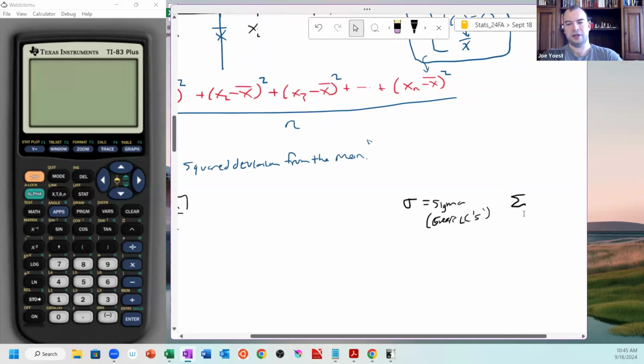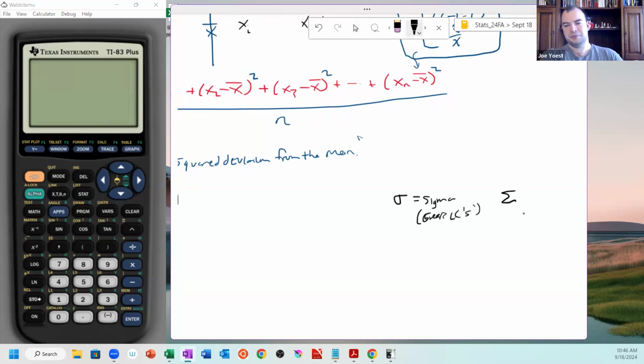You see this in the book quite a bit. I try to avoid using this because I think it just throws more confusion into the mix. And the other Greek lowercase sigma looks like this. It's the sigma that comes at the end of the line, and that's of course where we get RS from. RS doesn't look like this one, it looks more like that one.